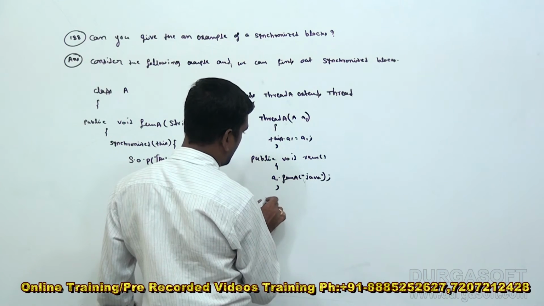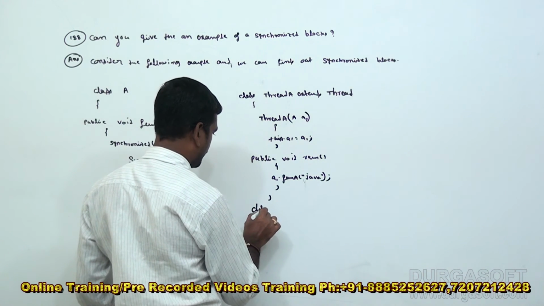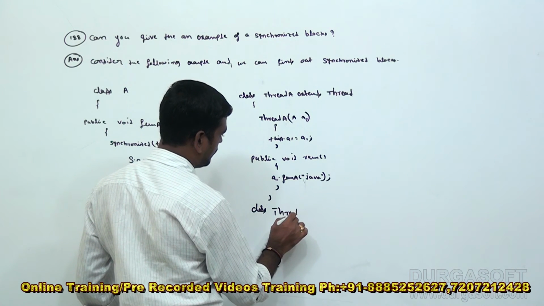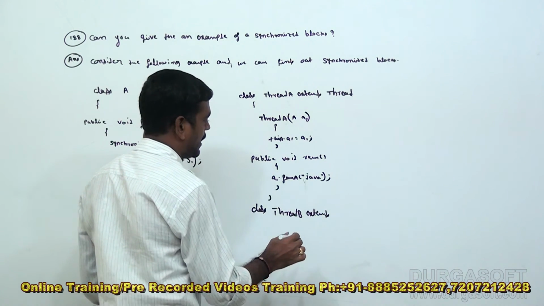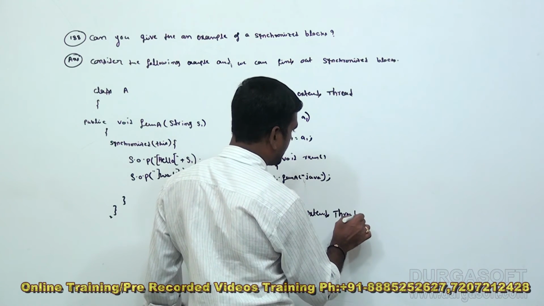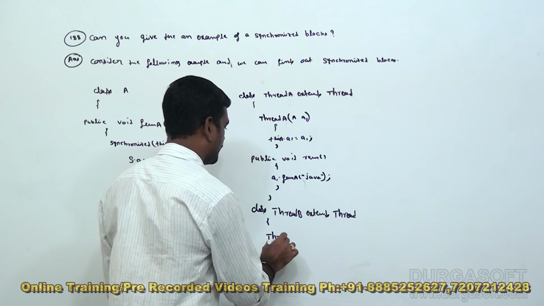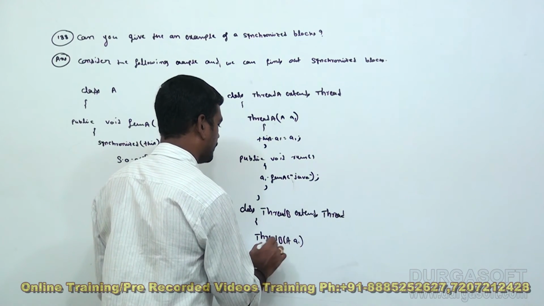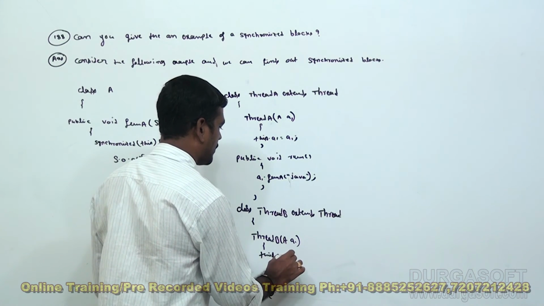Then close. I am going to take another class, Thread B extends Thread. Then here I am going to take Thread B, A A1. This.A1 is equal to A1.